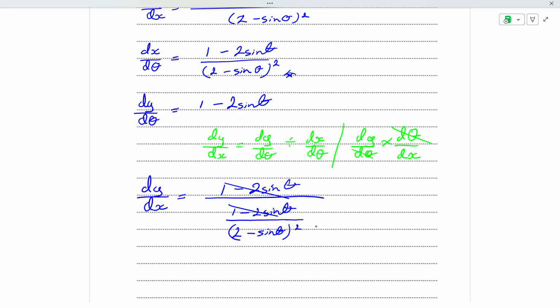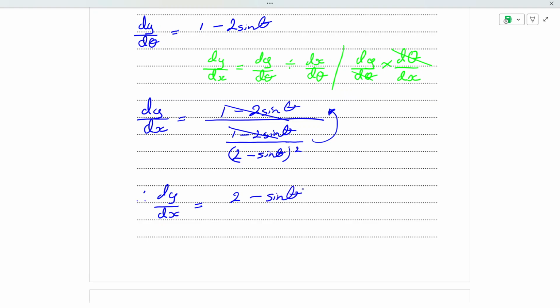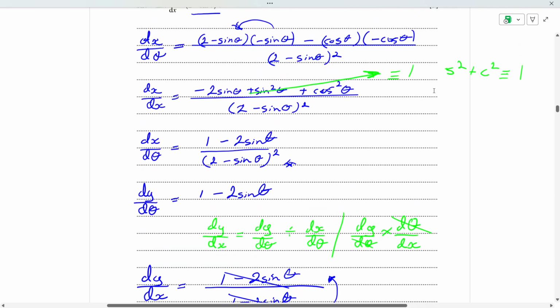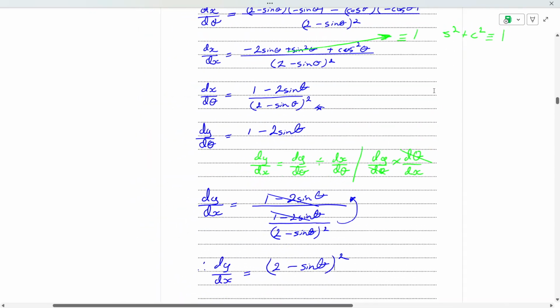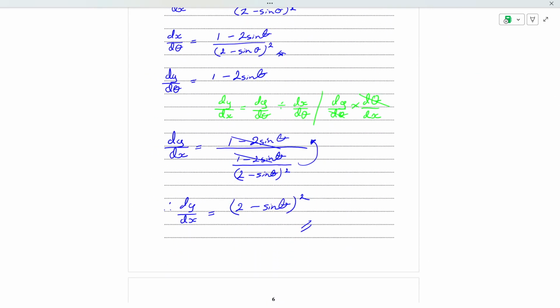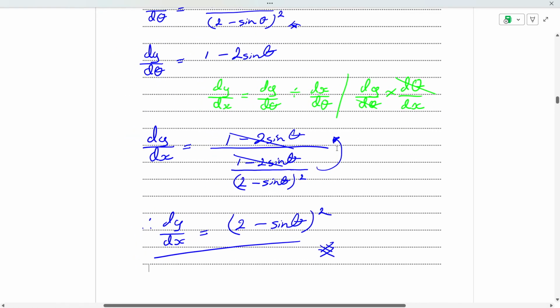Then you reciprocate the denominator, or the denominator of a denominator is the numerator, right? So now you have your final answer: dy/dx is equal to (2 minus sine theta) squared. And I'm sure that it was a show that question. See? And we have shown that. Okay. That's it for the question.